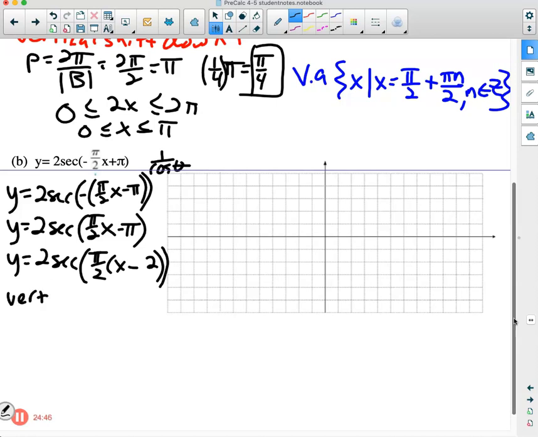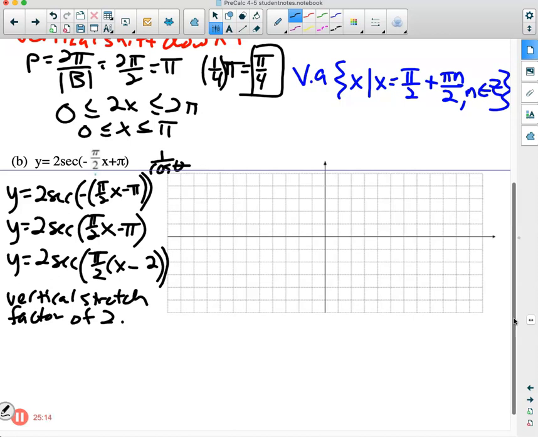We have a vertical stretch factor of 2. We have a b value there of pi over 2. Well, you better figure out what pi over 2 is, because if pi over 2 ends up being a number that's bigger than 1, then we're talking about a horizontal compression. And if it's a number that's less than 1, well, then we're talking about a horizontal stretch.